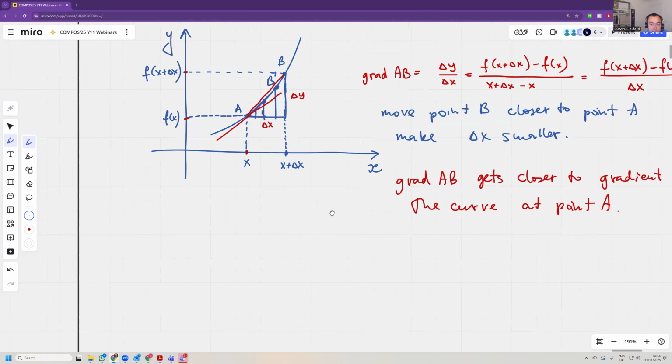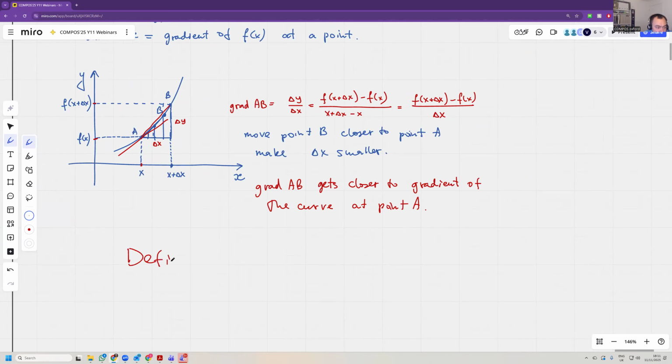So the definition of a derivative: the derivative f dash x is, by definition, the limit when delta x tends to 0 of f of x plus delta x minus f of x, divided by delta x.